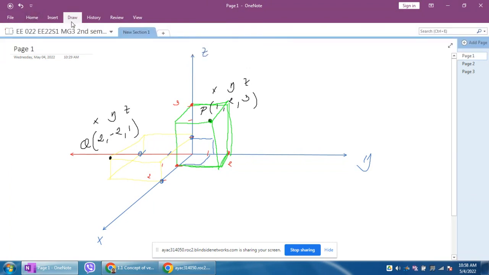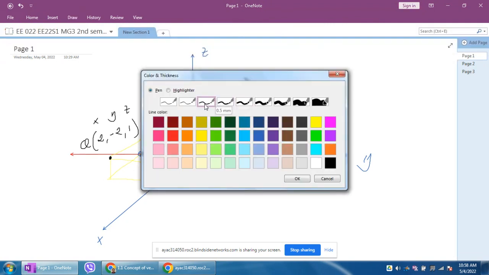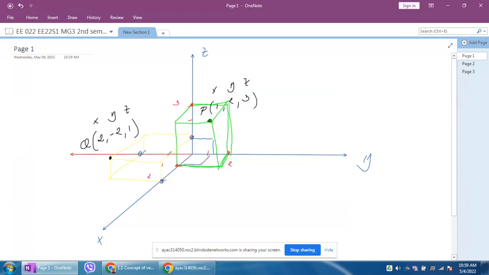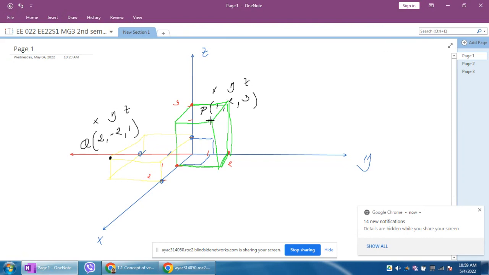Importante po yung direction natin if we talk of vectors. Ito po. Galing ako kay P, papunta ako kay Q. Okay. Take note of the arrow.